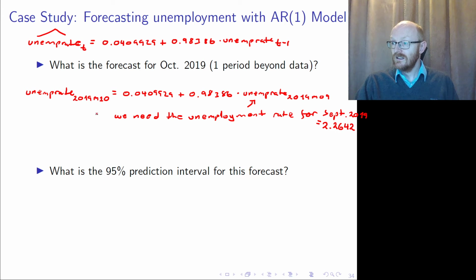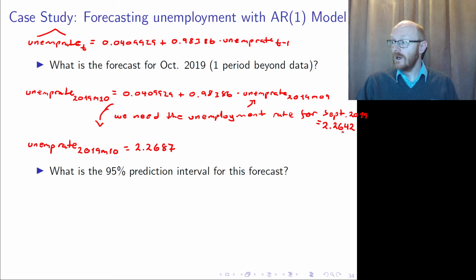We can use our model, plug in the unemployment rate for last month, and get the unemployment rate for 2019 month 10, which equals 2.2687.